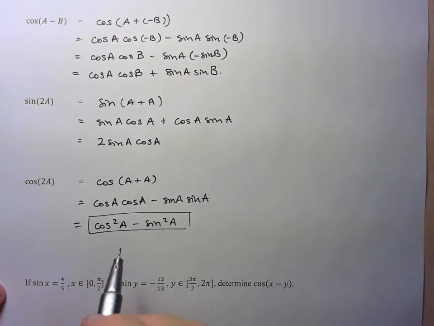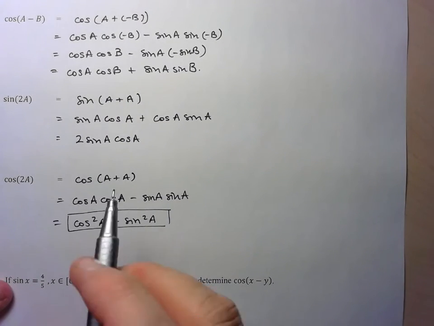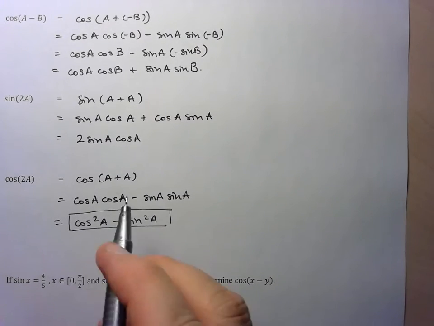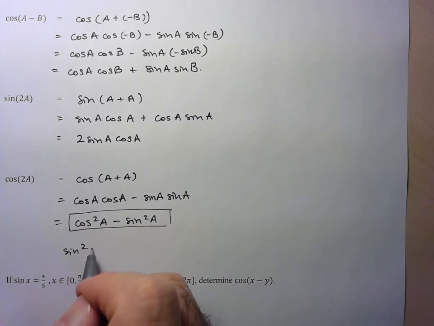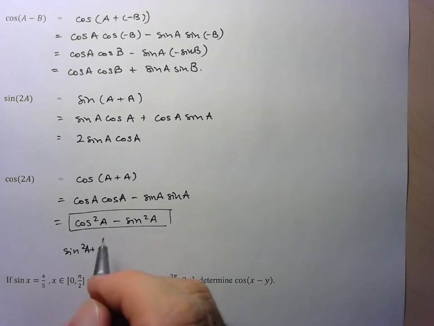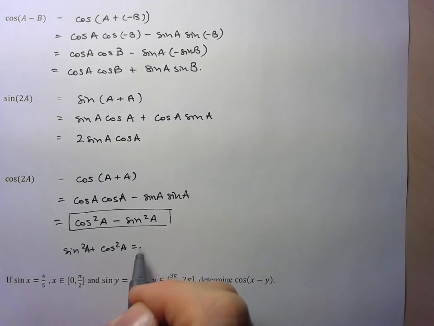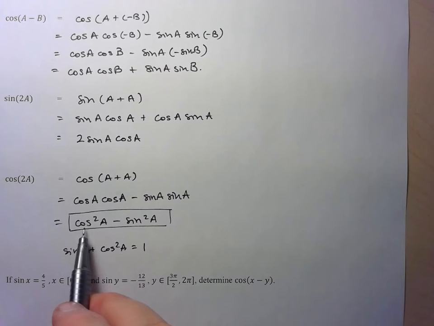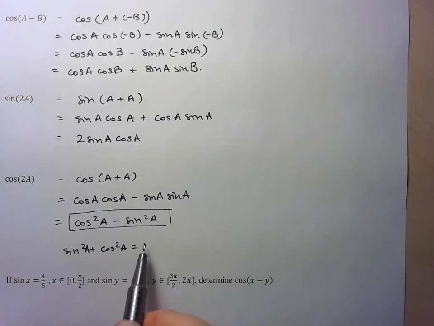But, and this is where cos 2a is very nice, I see cos squared a and sine squared a, and I remember that we have that Pythagorean identity that relates the squares of cosine and sine. So what I'm going to do here is, in our first option, rewrite cosine squared a as 1 minus sine squared.